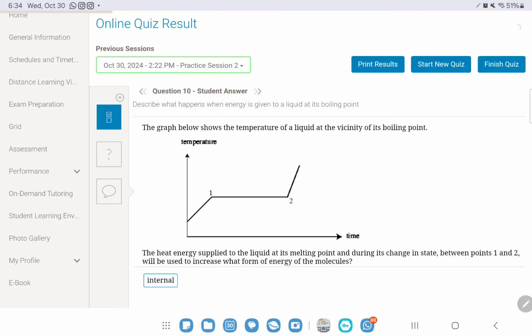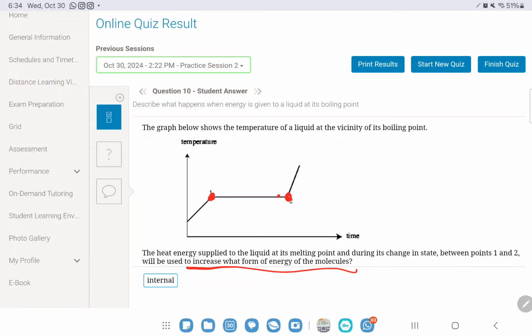Now, moving on. Okay. So we have the heat energy supplied to a liquid at its melting point, during the change in state between points 1 and 2, will be increasing. What form of energy will these molecules have? You're increasing the energy here, sure, but will you see an increase of temperature?